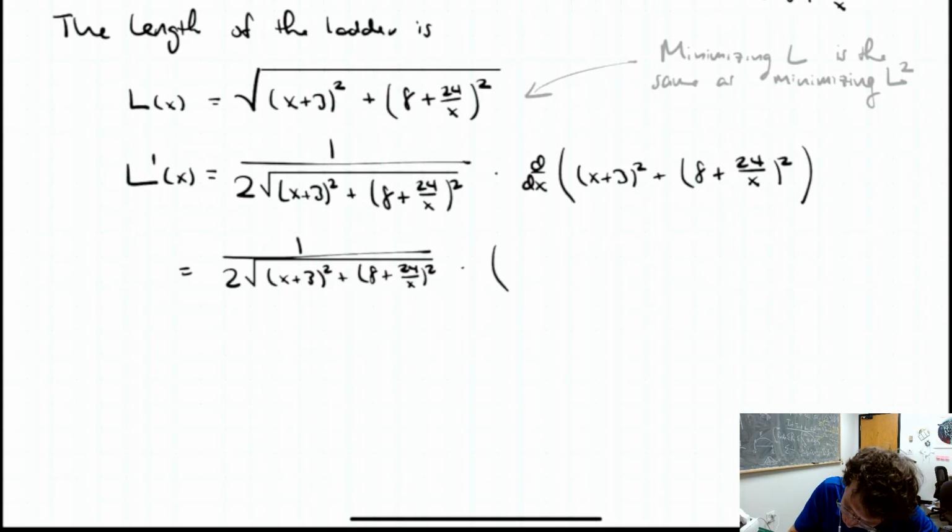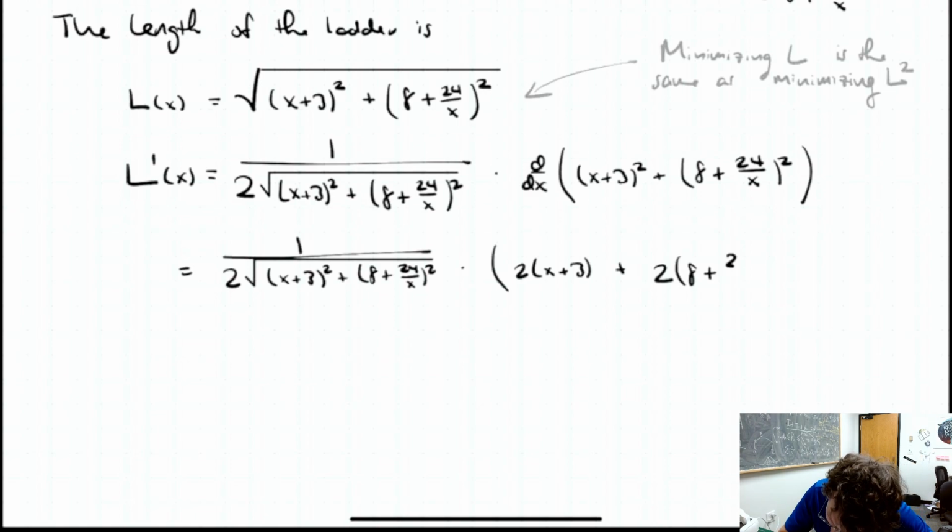Okay, derivative of x plus 3 squared. I could FOIL that out, but I can also just use the chain rule. It's 2 times x plus 3 to the 1, using the power rule, times the derivative of the x plus 3, which is just 1. And then the same thing here. It's 2 times 8 plus 24 over x times the derivative of the 8 plus 24 over x, which is minus 24 over x squared.